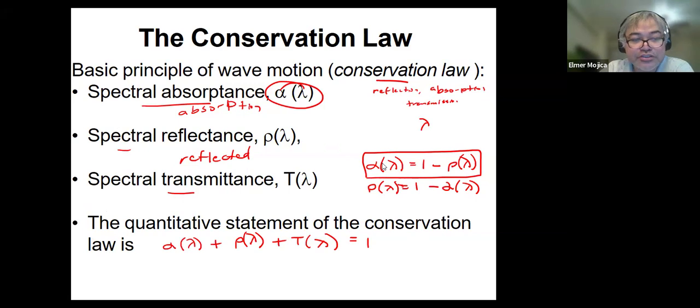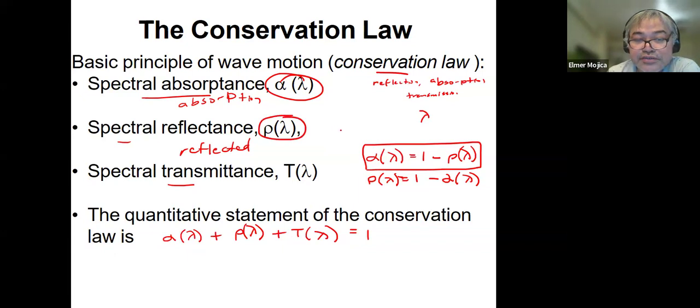So if there is no transmittance in the second medium and there is no absorption, what will happen? Kapag wala yung transmittance saka absorption, what will happen? So everything is equal to this, or unity, if you don't have this one and this one.